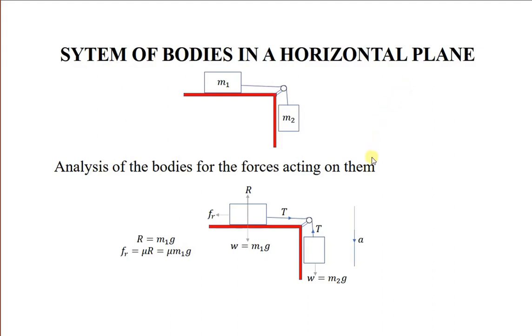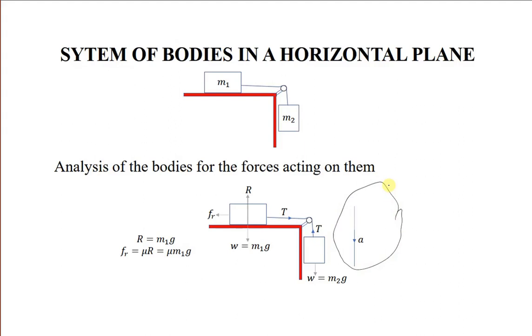Let us look at the forces that are acting on the two bodies. Now, for you to analyze the forces acting on the two bodies, the first thing to do is to assume the direction of motion. So we have assumed in this case that the body is moving down.